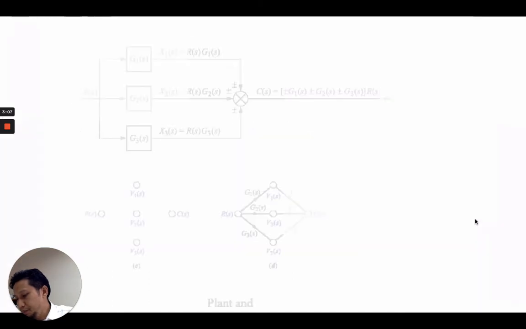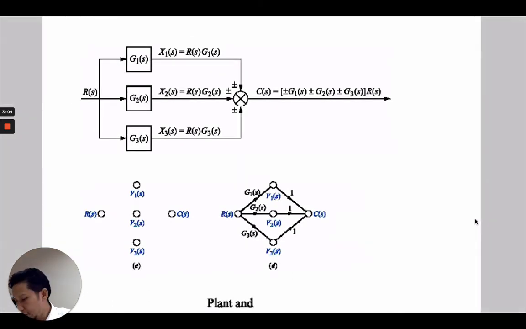Okay, next one. We have another example here with parallel subsystems. How many nodes do we have? We have R(s), X1, X2, X3, and C(s). So we draw 5 nodes here: R(s), X1, X2, X3, and C(s) over here. And then we can connect the nodes using the arrows that represent the systems.